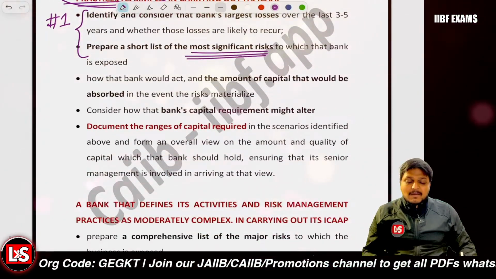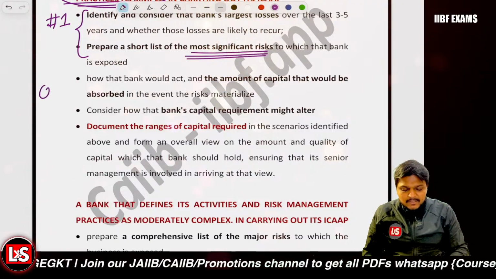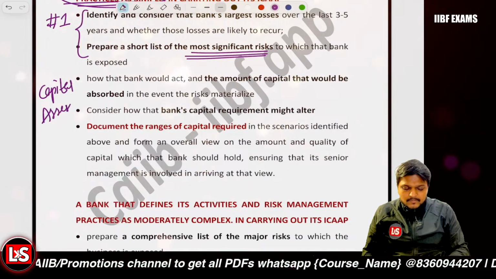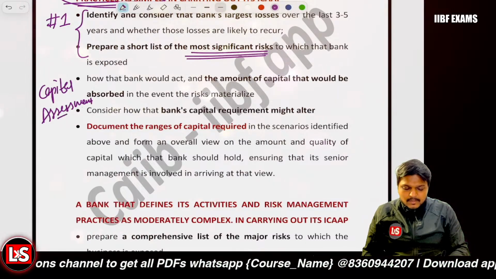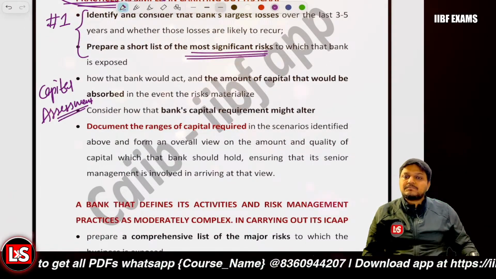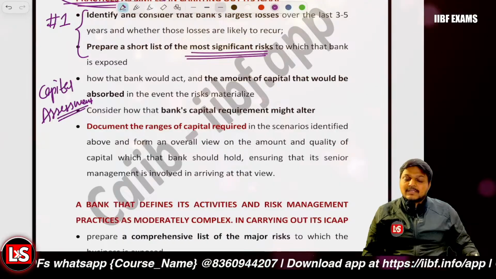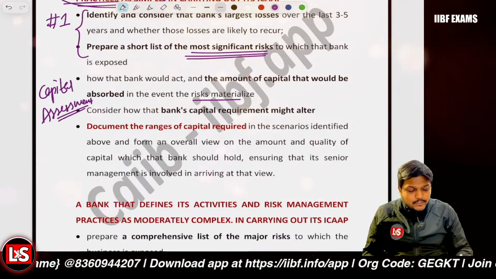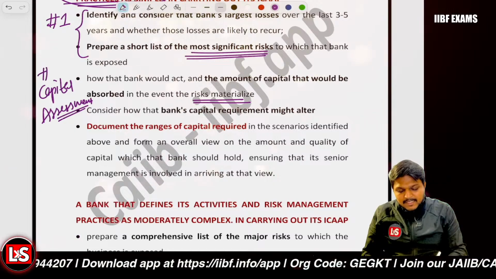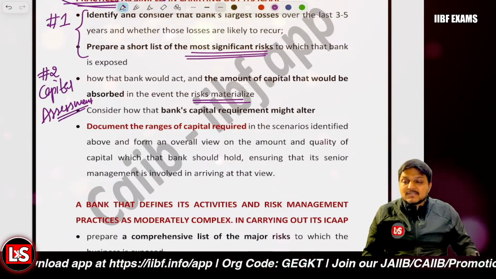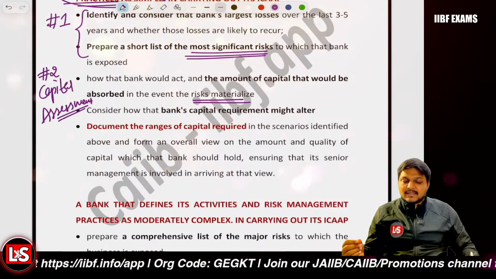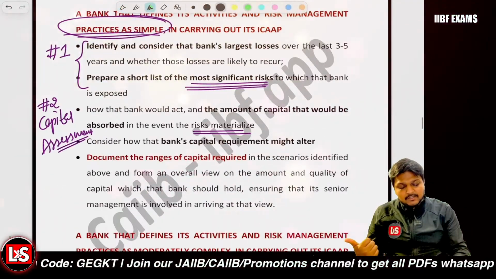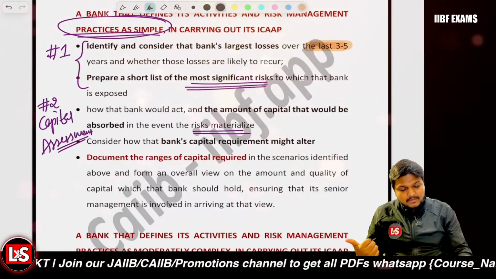Further, it's about the capital assessment. We need to estimate the capital required if the risk is going to materialize. First of all, we have the approach: we identified the major losses in the last 3 to 5 years, right?